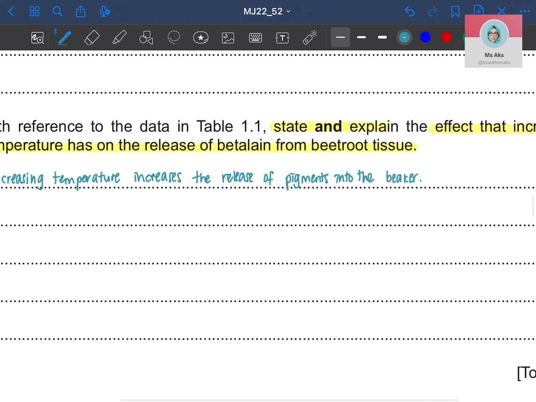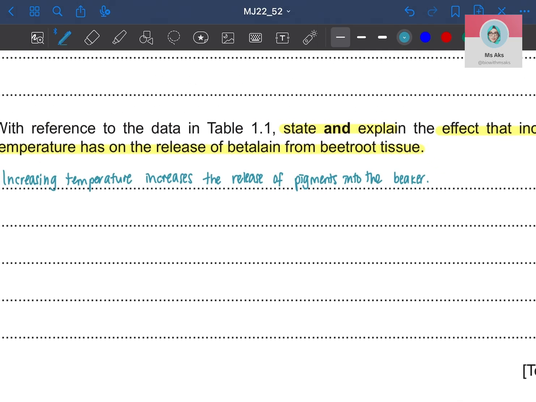What we need to explain is what part of the beetroot tissue here is being affected.